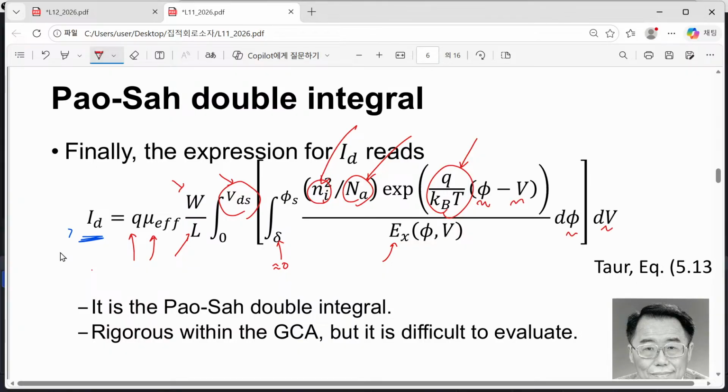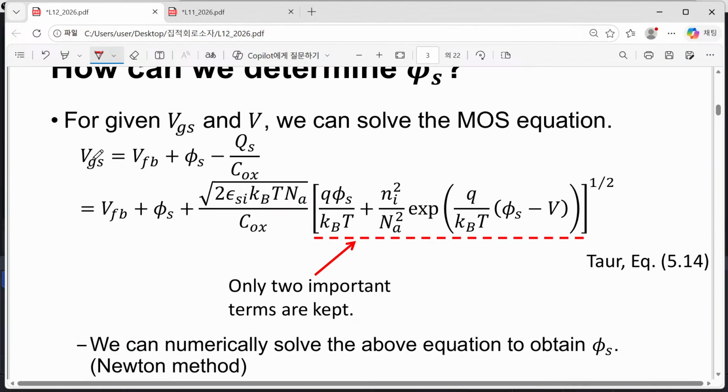So if we review this quite complicated expression, the only thing we have to find out is actually this surface potential phi s at a given position. So at a given v value, which corresponds to a given y value, what is the value of our surface potential? That is the main topic of our actual application.